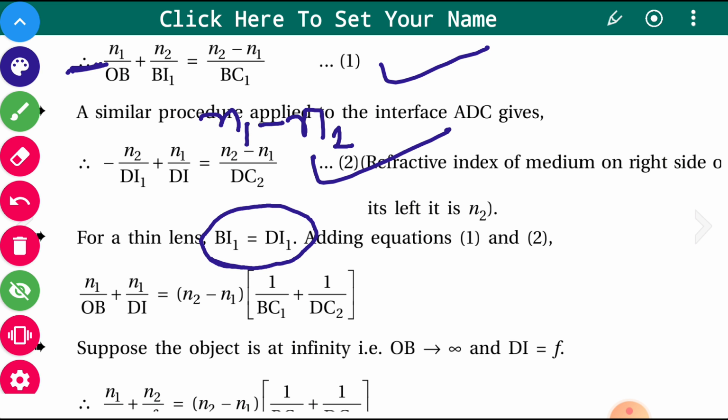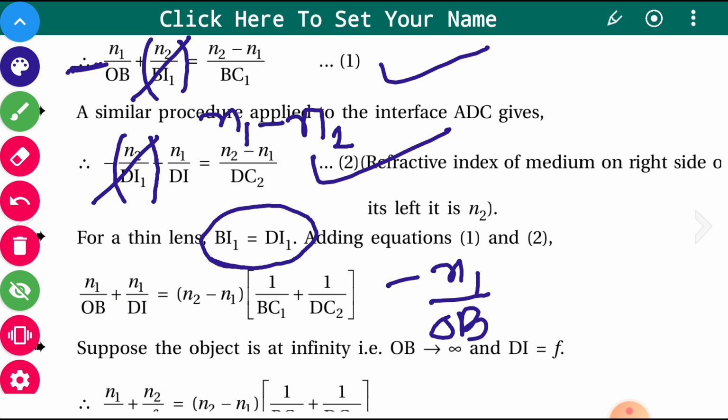So by considering this, if you just add, then this n2 upon bI1 and this n2 upon dI1 both will be cancelled out because bI1 and dI1 are the same. So you will have minus n1 upon OB, plus n1 upon dI.